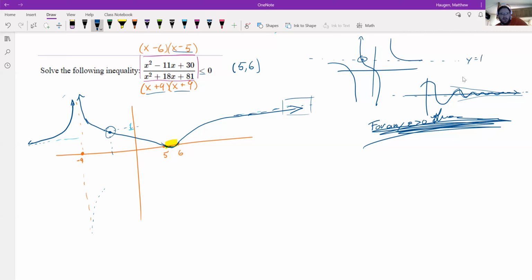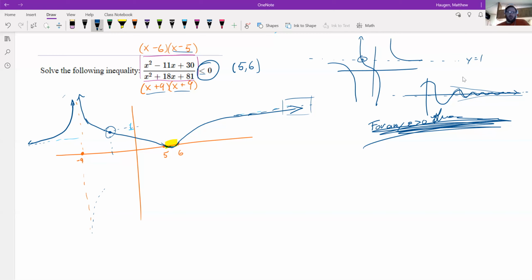So all these inequalities are basically in relation to the x-axis, right? Yes. What values of x make the function do stuff? Gotcha. So it's either above x or below x, and if it's below x, then it's less than 0. And if we have it set equal to 0, yeah, that's why we generally set these equal to 0, because then we can just look at the axis and tell.